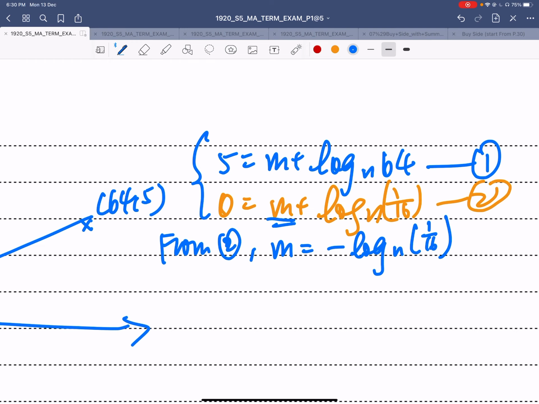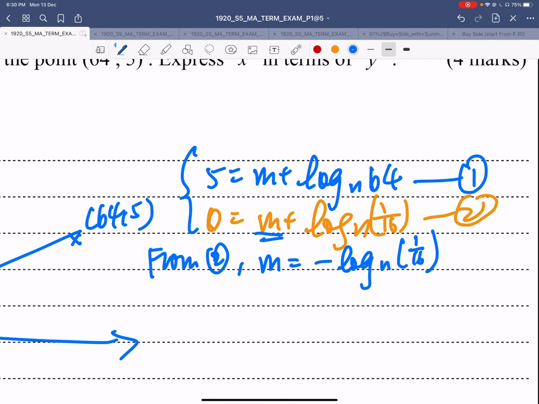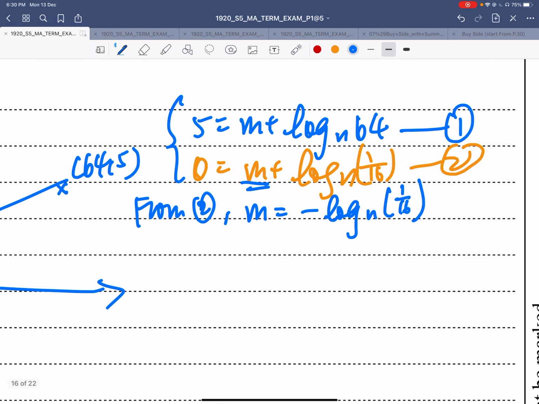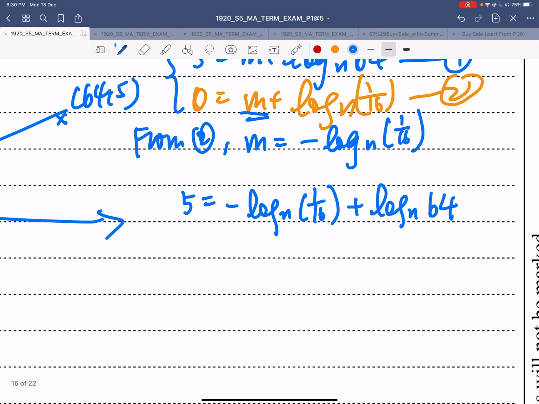So you can calculate 5 equals negative log n 1/16 plus log n 64, right? And then you can rearrange it in a proper manner.